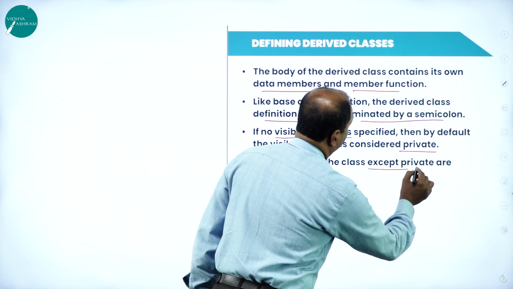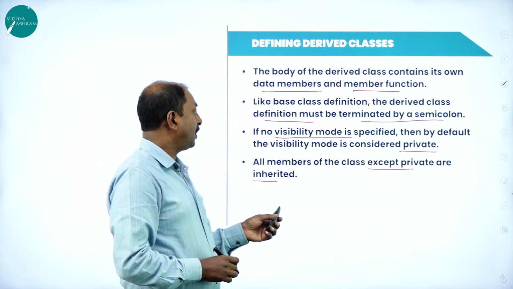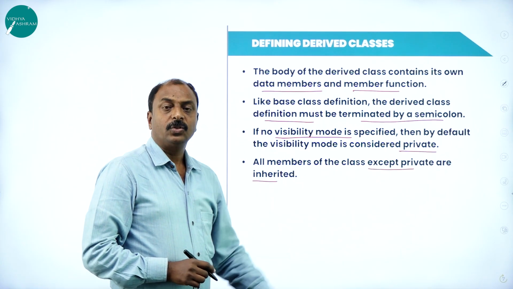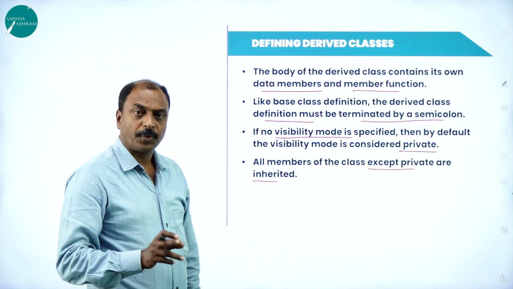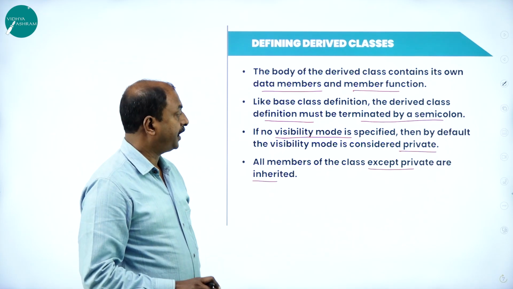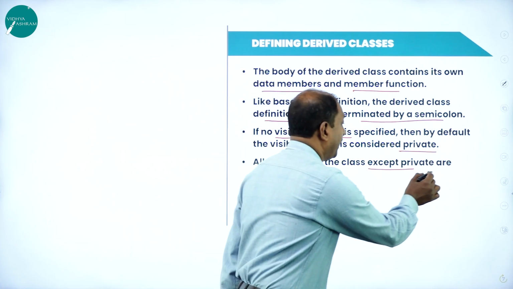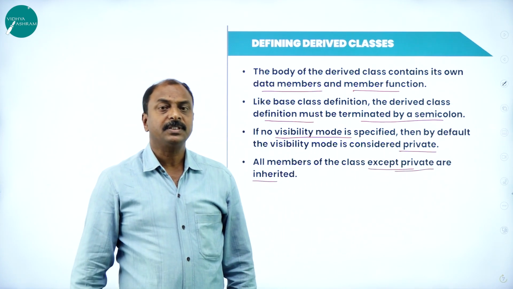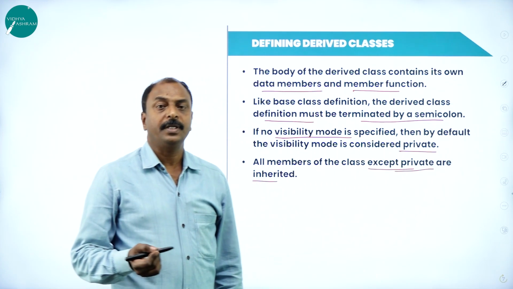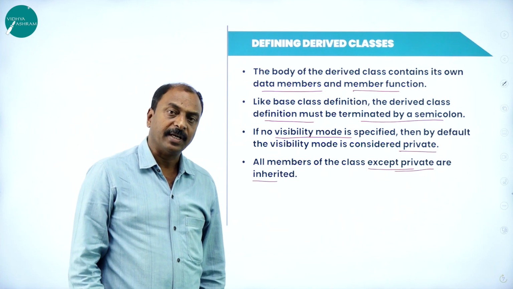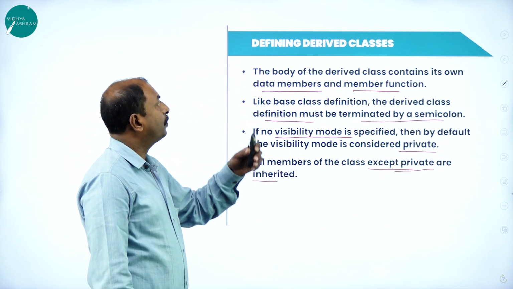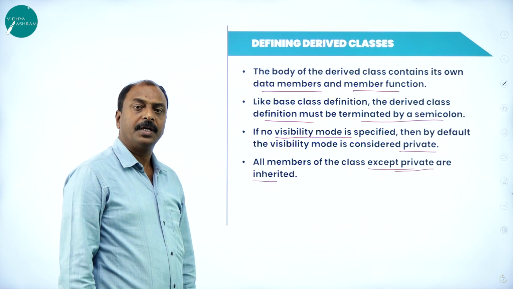So all the members declared under protected or public can be inherited, and except private means private data members or member functions cannot be inherited to any other derived classes. So these are all the properties of a derived class or inheritance.